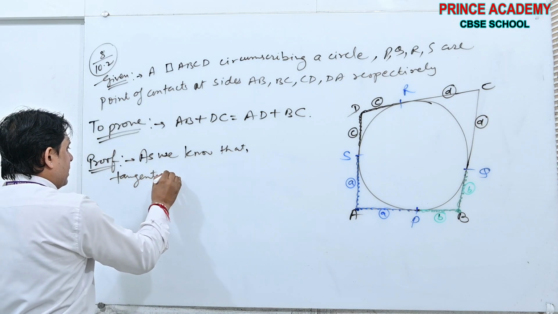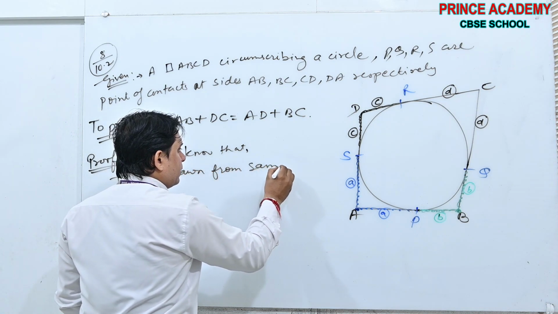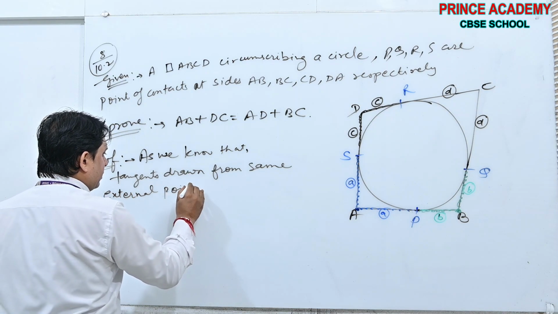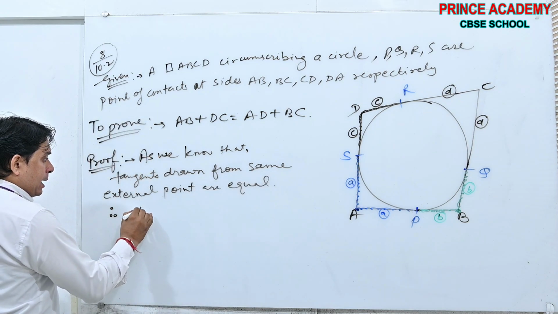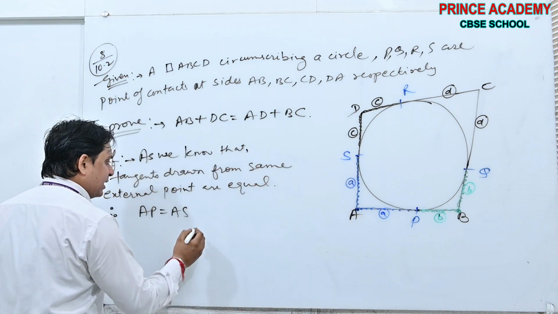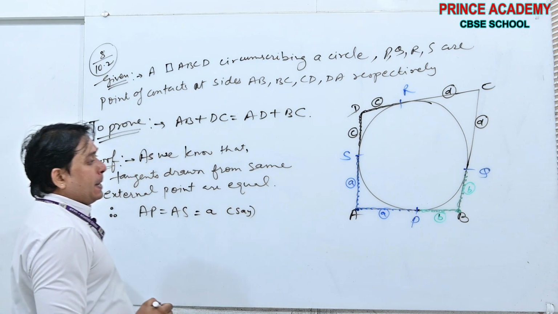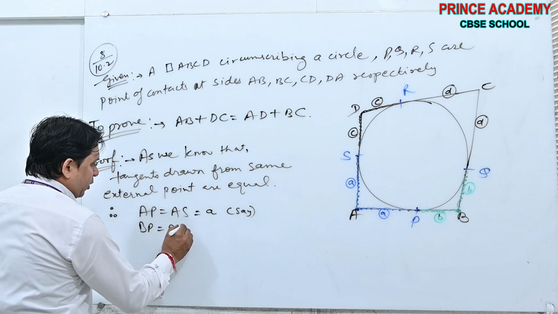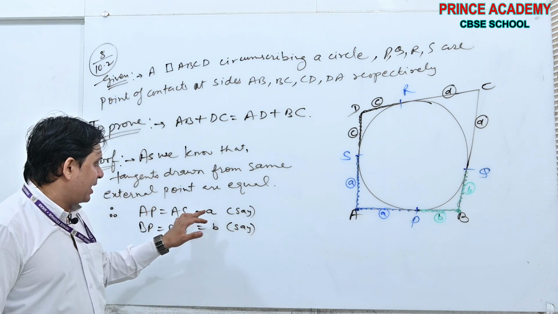tangents drawn from the same external point are equal. Therefore, AP is equal to AS, equal to a. BP is equal to BQ, equal to b. I am assuming that these lengths are a, these lengths are b.